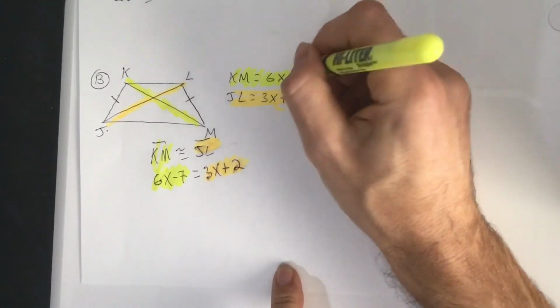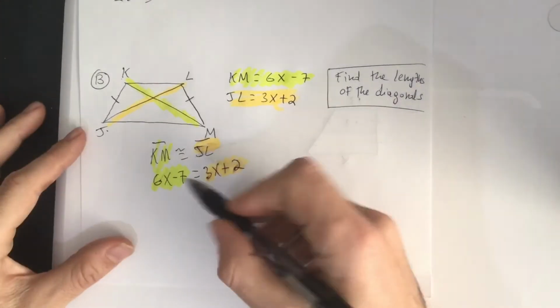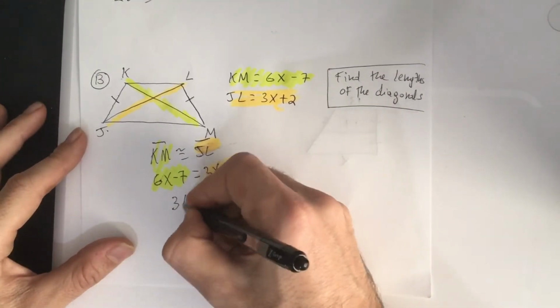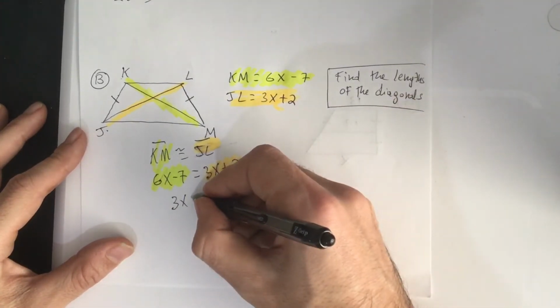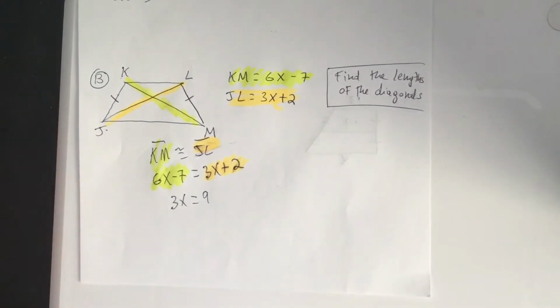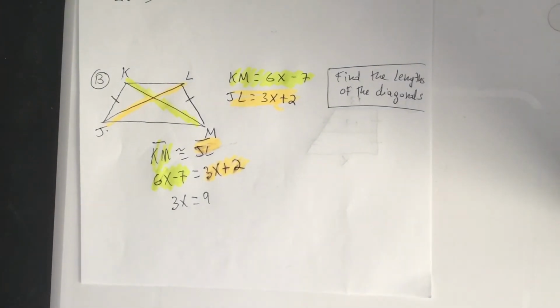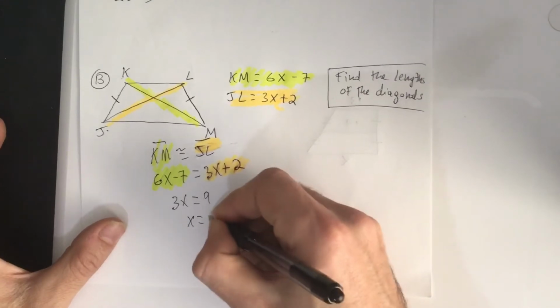Now we are solving the linear equation. Subtracting 3x from both sides, that should be 3x. Adding 7 to both sides of the equation, that should be equal to 9. Let me see, 3x equals 9. And then we divide both sides by 3, and that should give you what you want. All right? And that's going to equal 3. x is equal to 3.